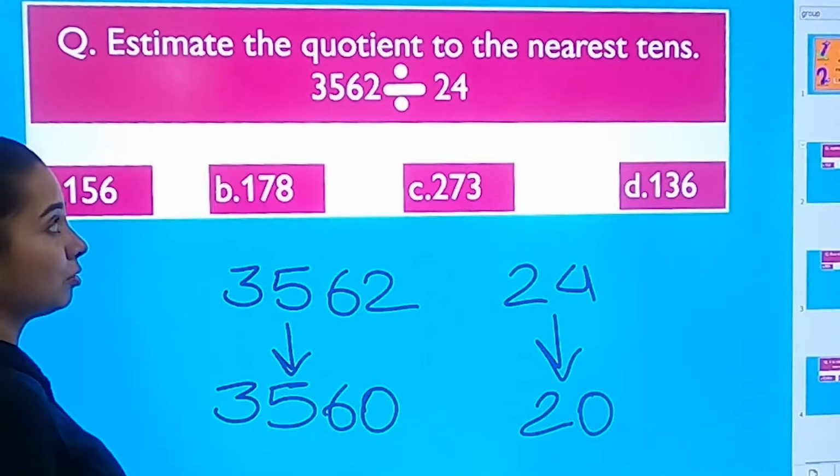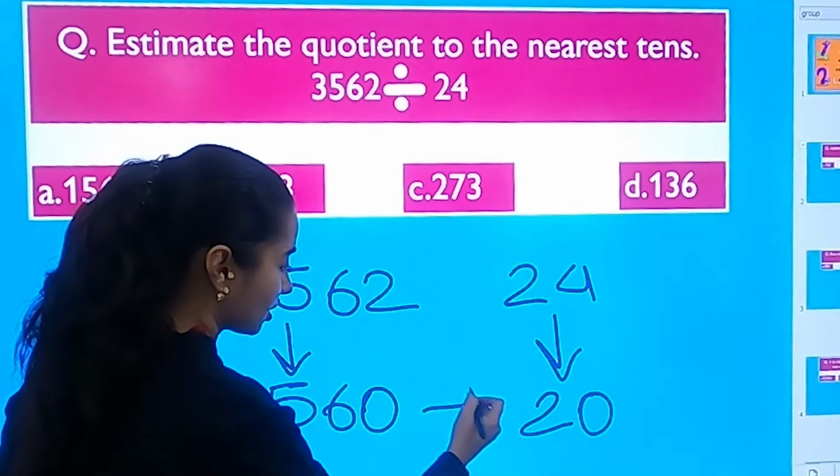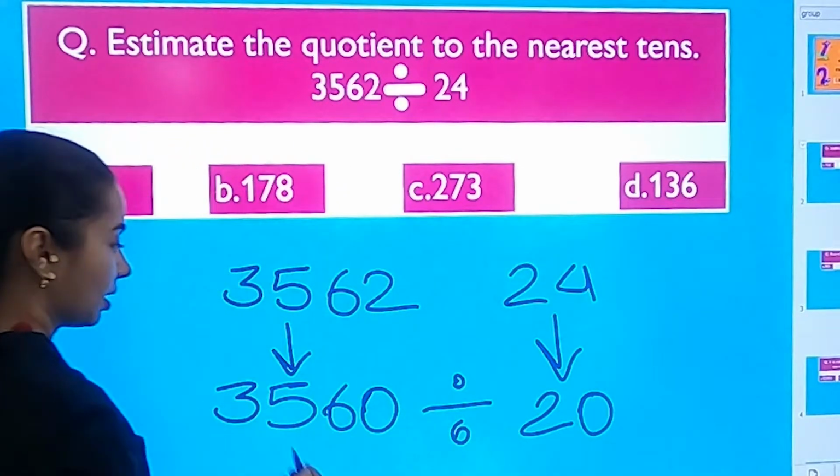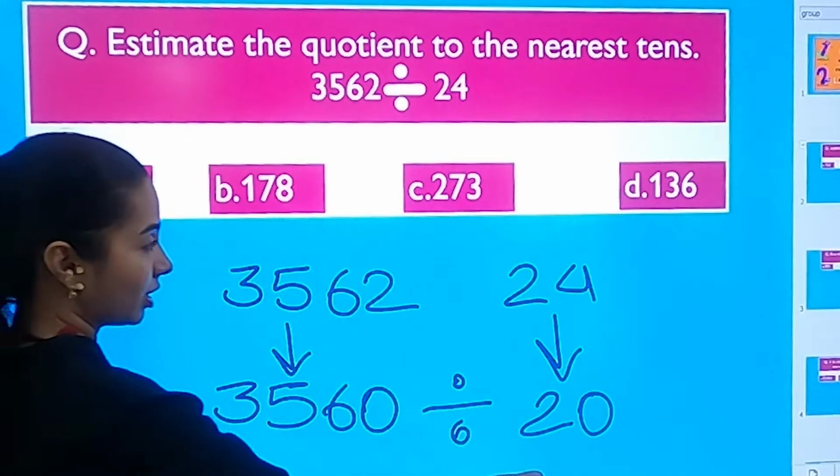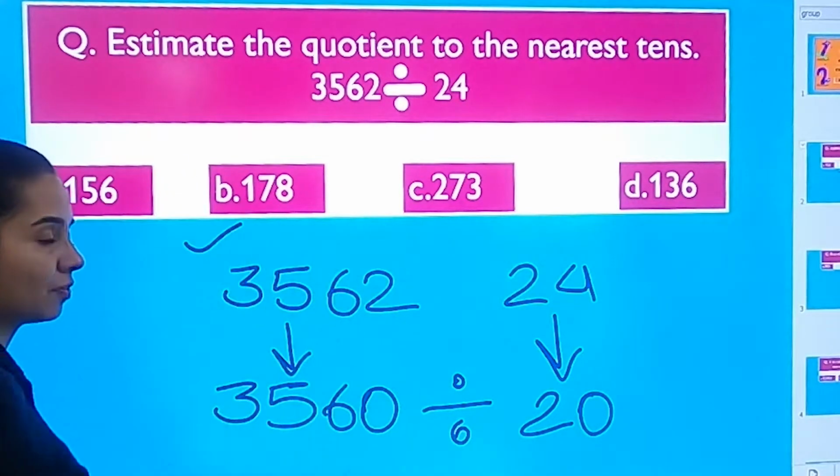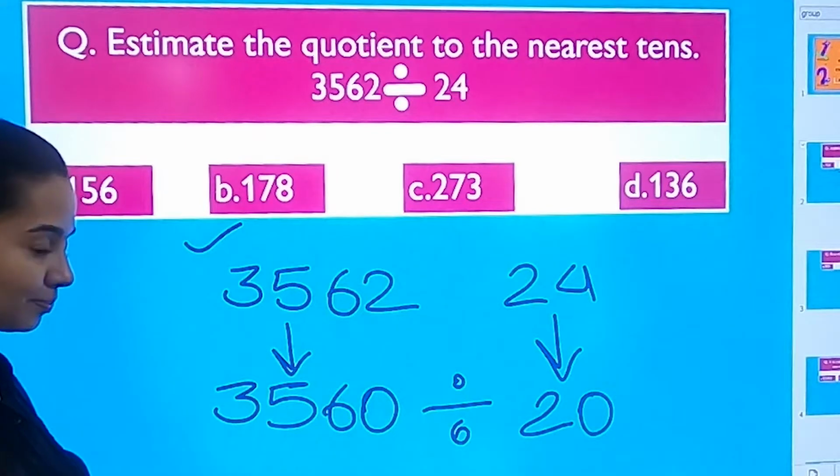Now we simply have to divide as they have asked. 3560 when divided by 20 gives us 178. You can calculate.